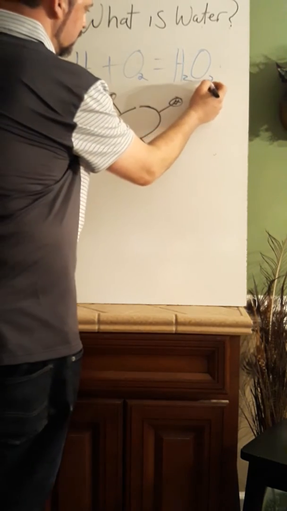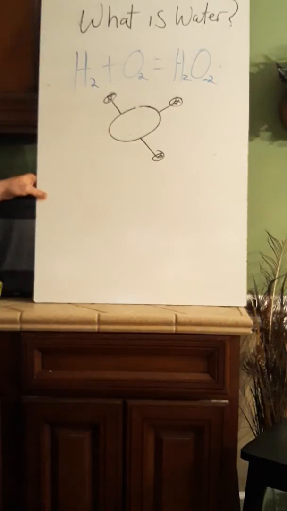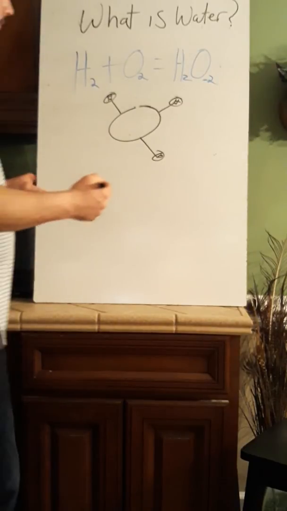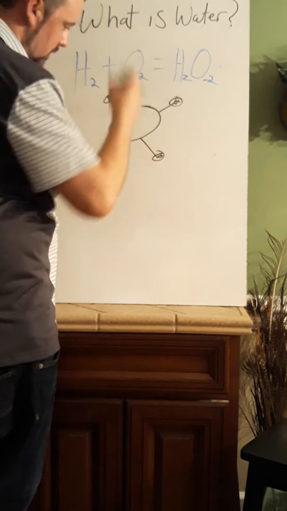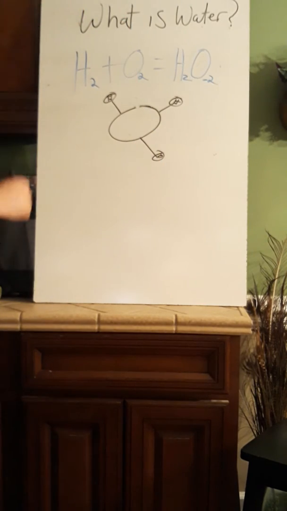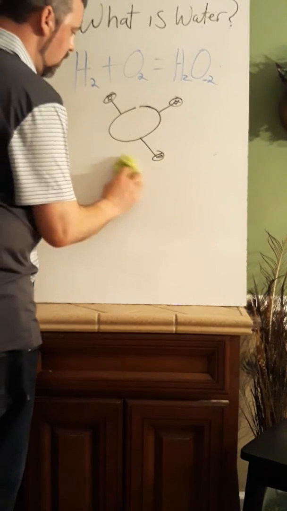So, oxygen actually gains 2 electrons, which makes it -2.